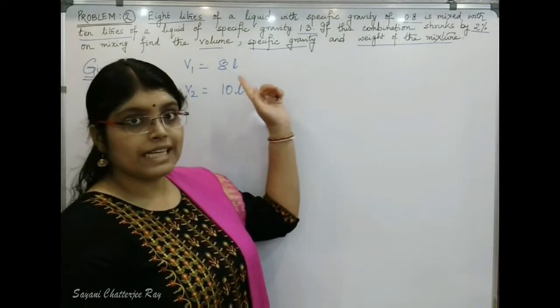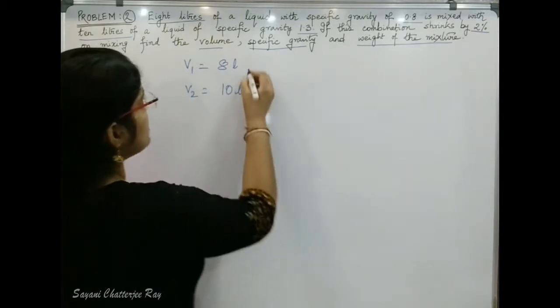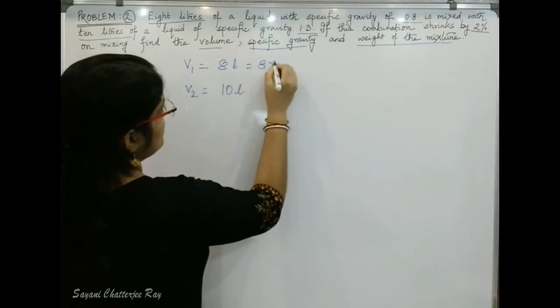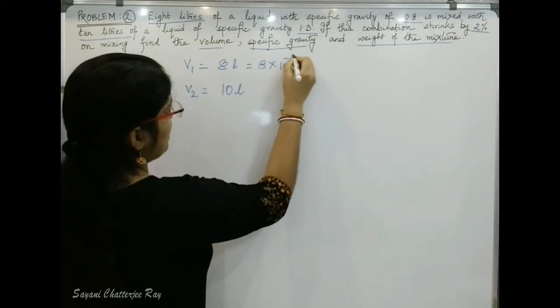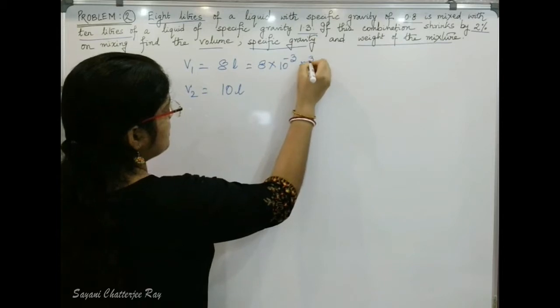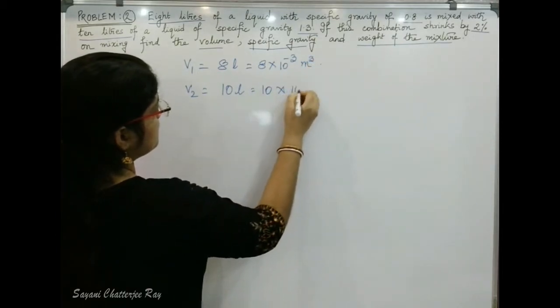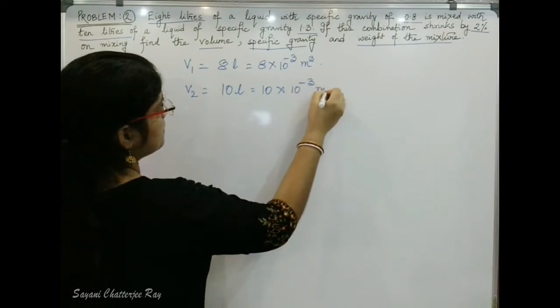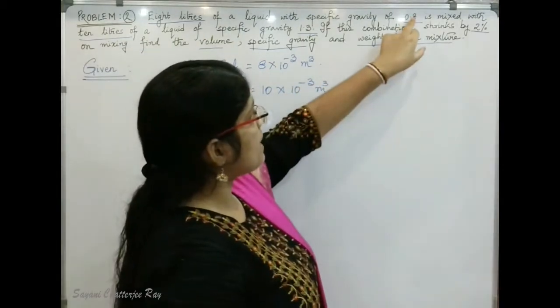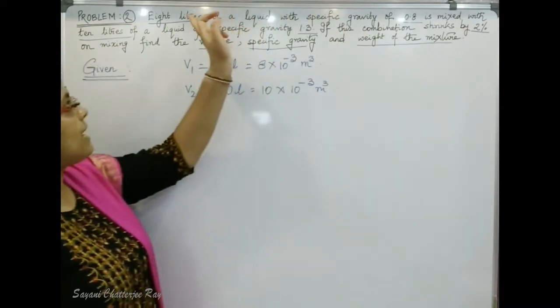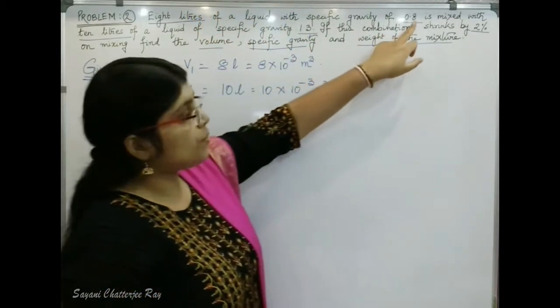Now I will convert liter into meter cube. So simply multiply it by 10 to the power minus 3. Specific gravity of the liquid with volume 8 liters is 0.8.